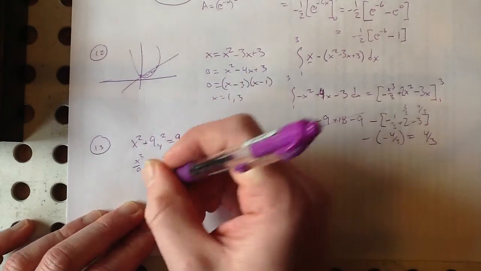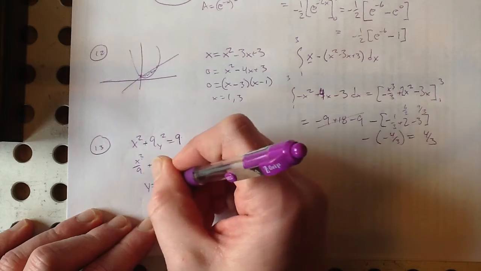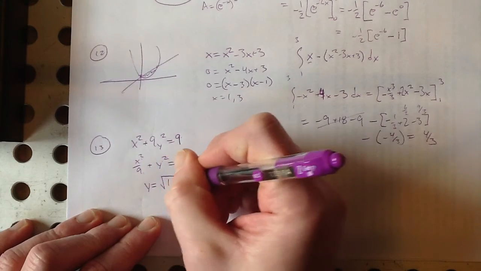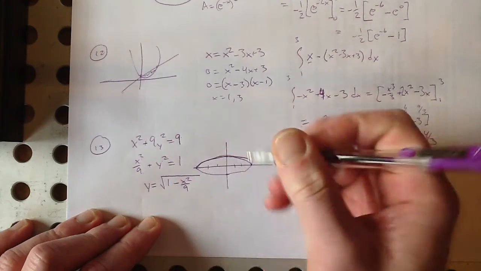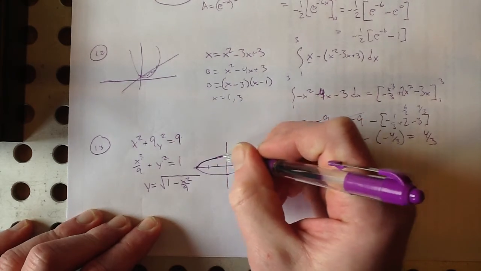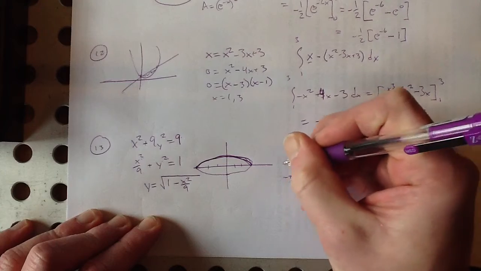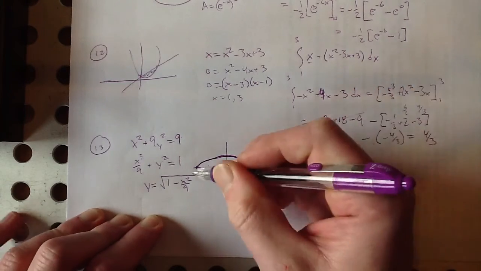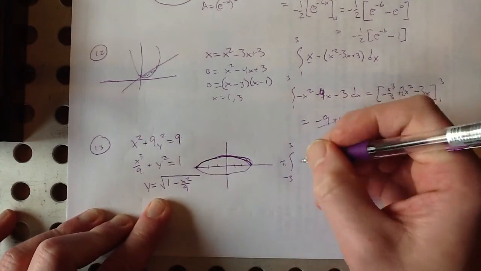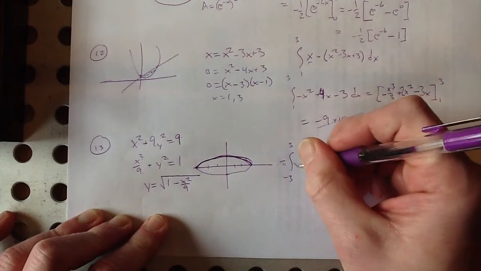If I solve this for y, it's going to look like y is equal to the square root of 1 minus x squared over 9. That would be the top half of this. Right? And we want to rotate that. So from negative 3 to 3 of this thing squared.